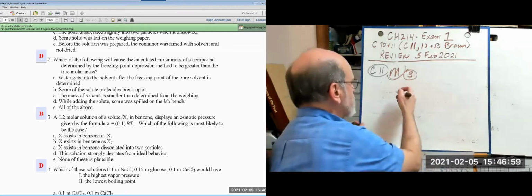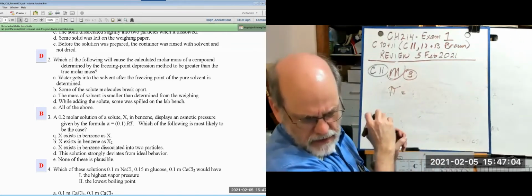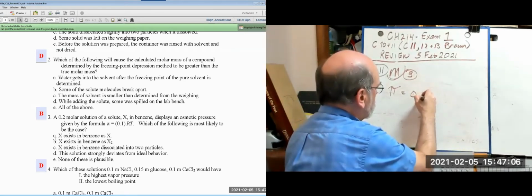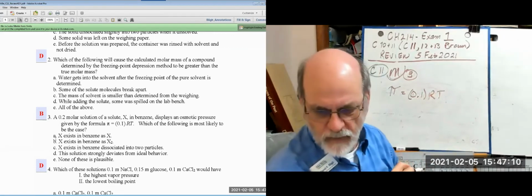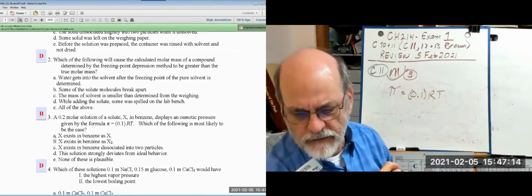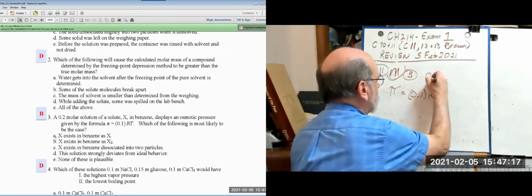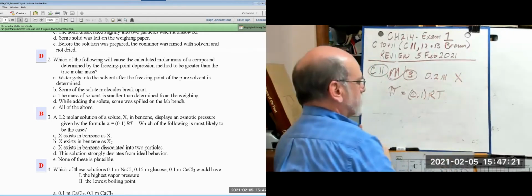So if this is the formula that it's responsive to, 0.1 RT, and the 0.2 molar solution of the solute X, 0.2 molar X.